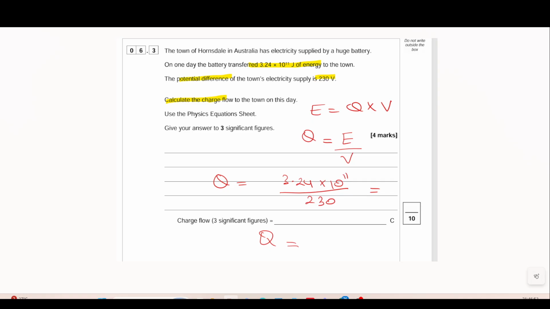I think this is wrong, but 1,408,000,000. Yeah. So we can convert it into an exponent.